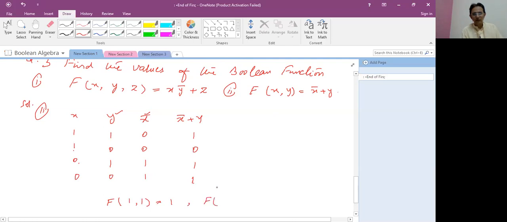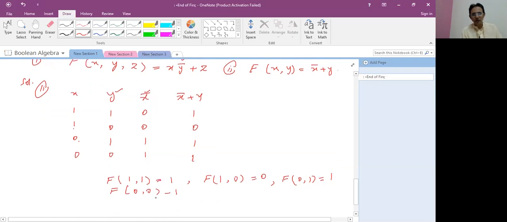If x is 1 but y is 0, the answer is 0. Then x is 0 and y is 1, so the value of the function is 1. And the last one, when x and y are both 0, the value of the function is 1.